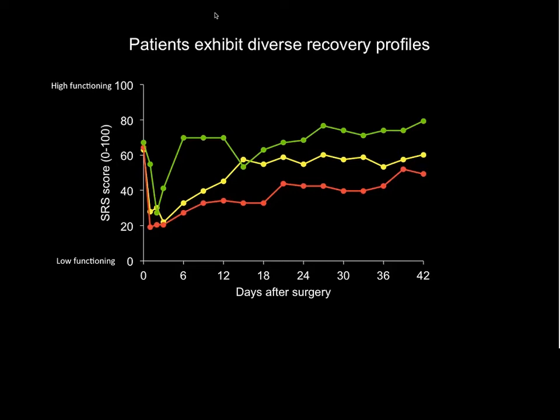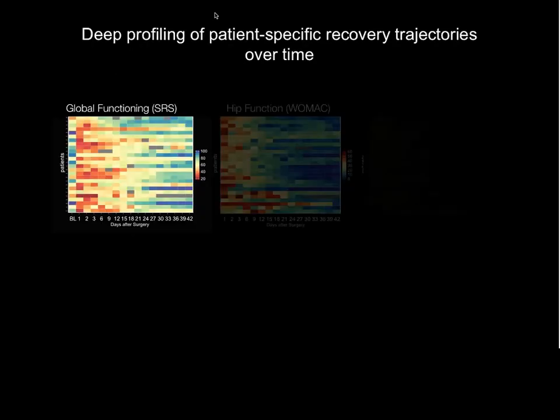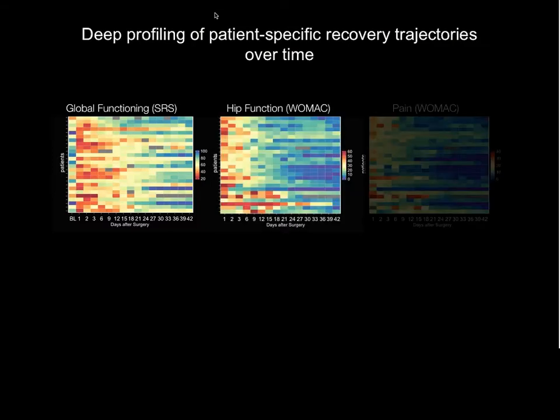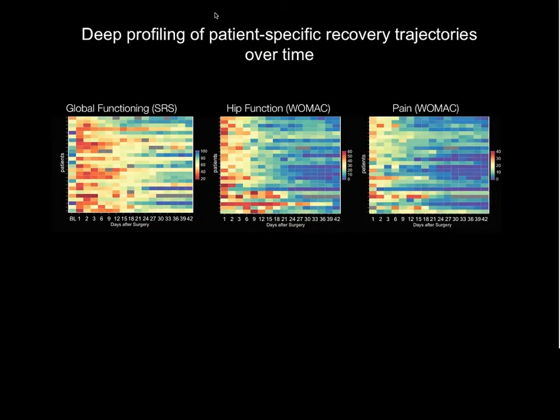So we were really seeing this range that had been reported of different sort of trajectories of recovery. And so we were able to track this trajectory for all 26 of our patients in this study on 3 metrics: the surgical recovery scale, as I mentioned, a measure of hip function. Remember that these are hip replacement patients, and also how much pain they're in.